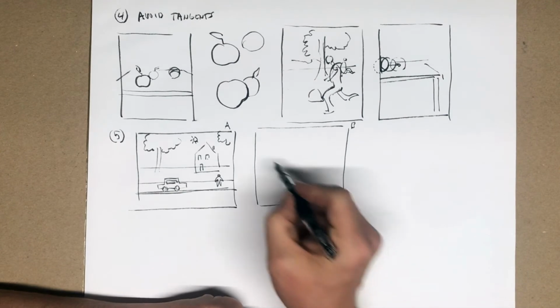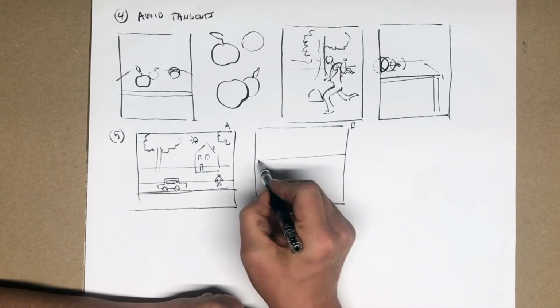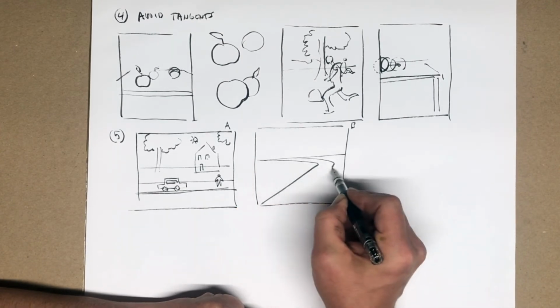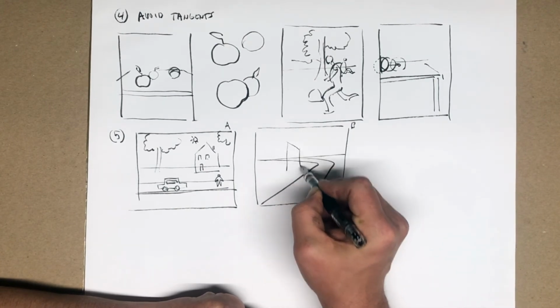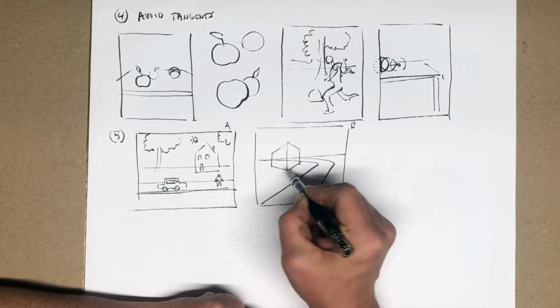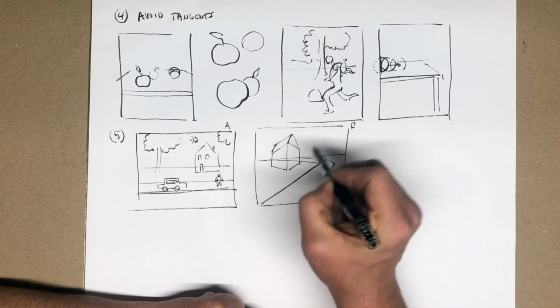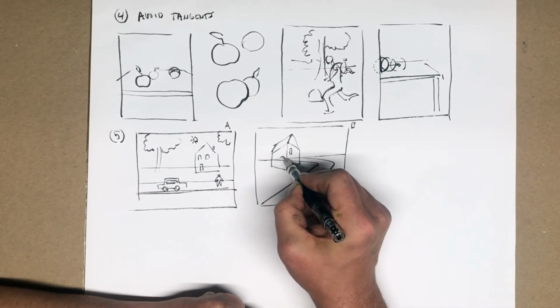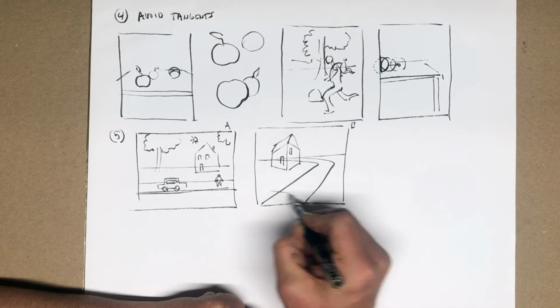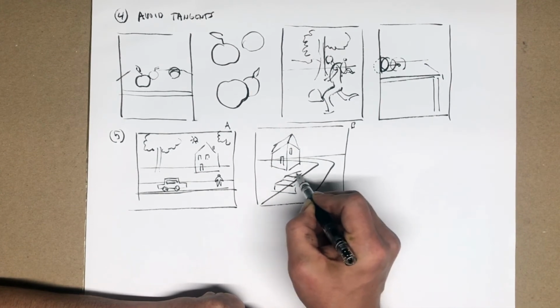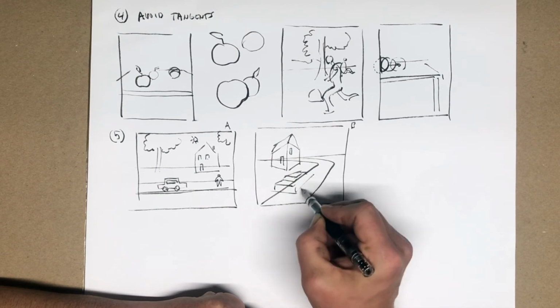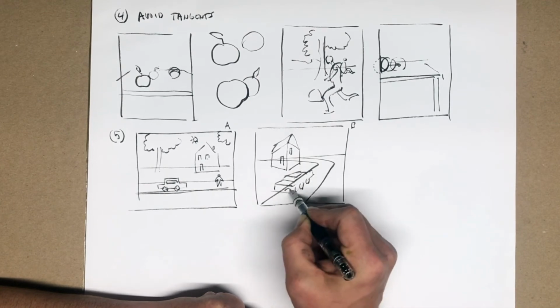Here's composition number 2. We've got the same horizon, except now the road does this. The house does this. Our car does something like this.